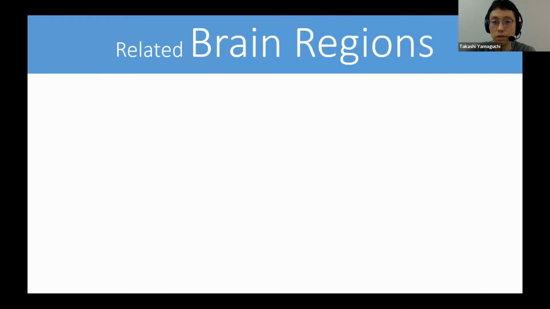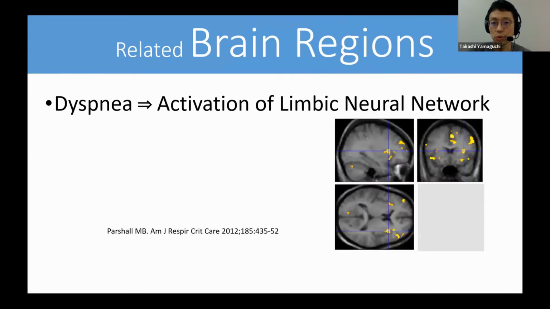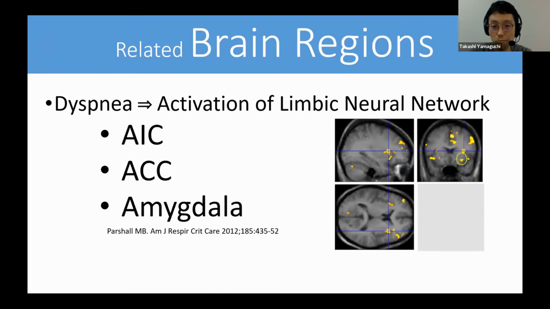So another factor is the brain region where dyspnea-related signals are processed. According to brain functional imaging studies, the areas of the limbic network, which includes the anterior insular cortex, anterior cingulate cortex, and amygdala, are activated during dyspnea.